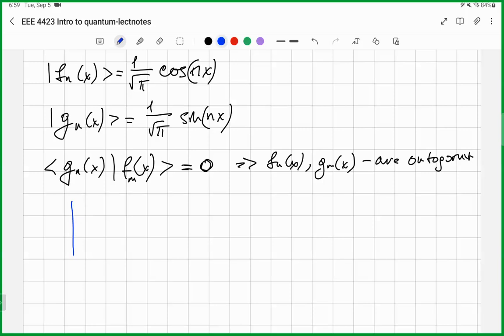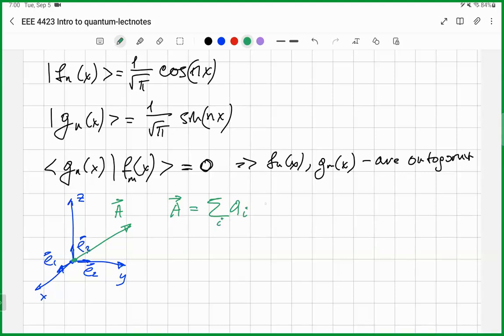For example, I remind you what we usually have for the vector space x, y, and z, and then we have these e1, e2, e3 unit vectors, and then any vector in this space, say a vector a, is given by the sum of the projections of this vector on the unit vectors, a_i, summation over i, and the unit vectors e_i.